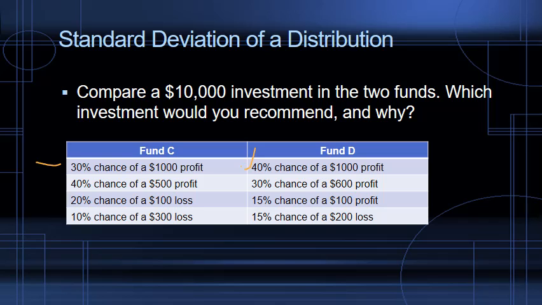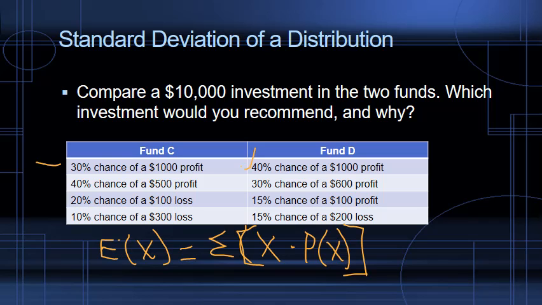But before we go, let's keep in mind that the expected value of a discrete random variable is equal to the sum of the random variable times the probability distribution of that variable. So let's move over here to the next screen.